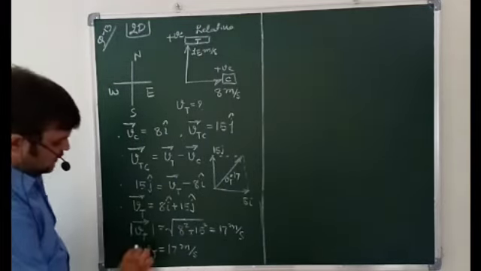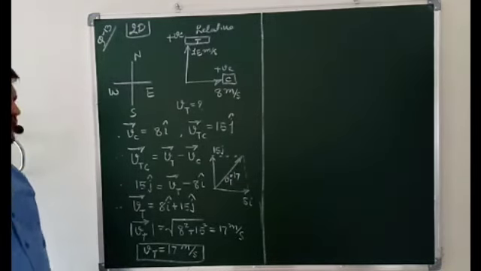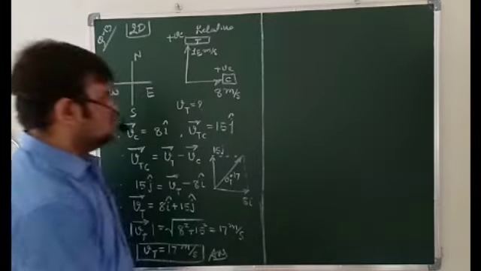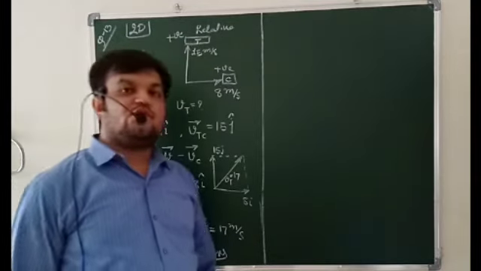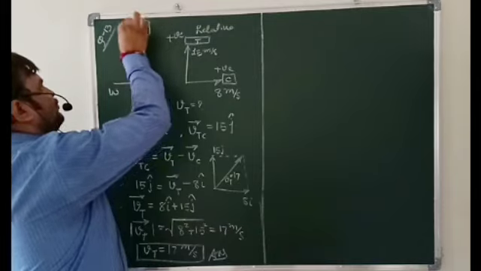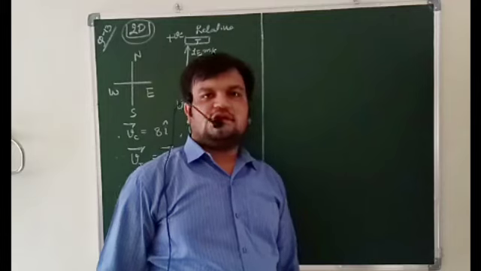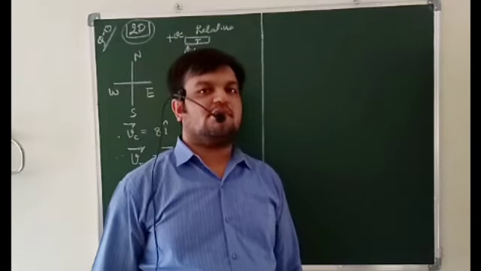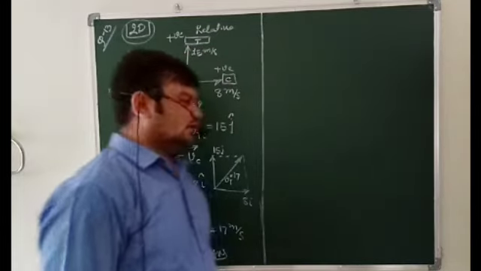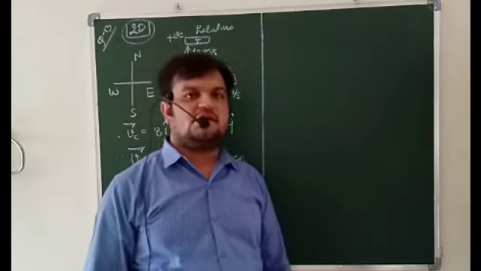So ultimately the velocity of train is 17 meter per second. This is the first problem of two-dimensional relative motion. In two-dimensional relative motion, we have to consider magnitude as well as direction, so here we can use vector products or the laws of vector algebra.